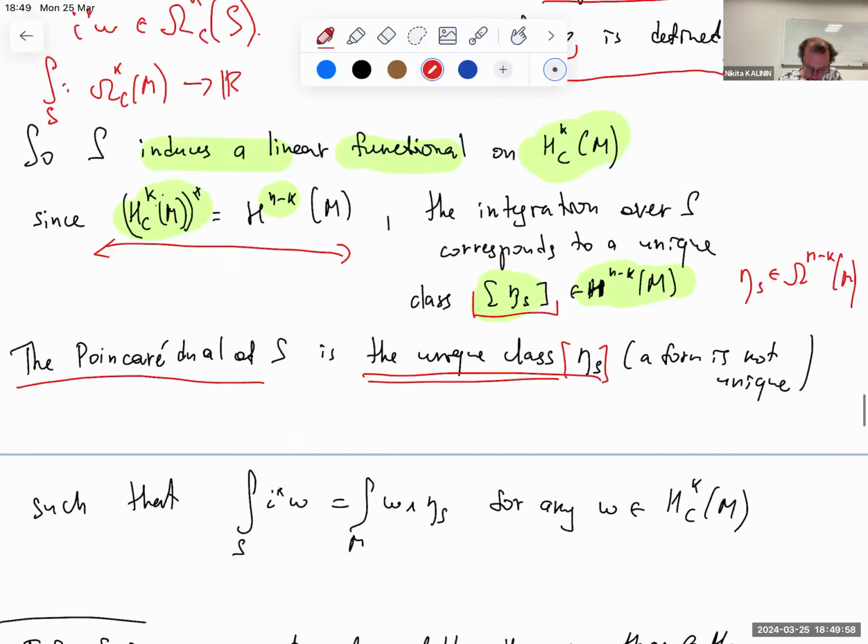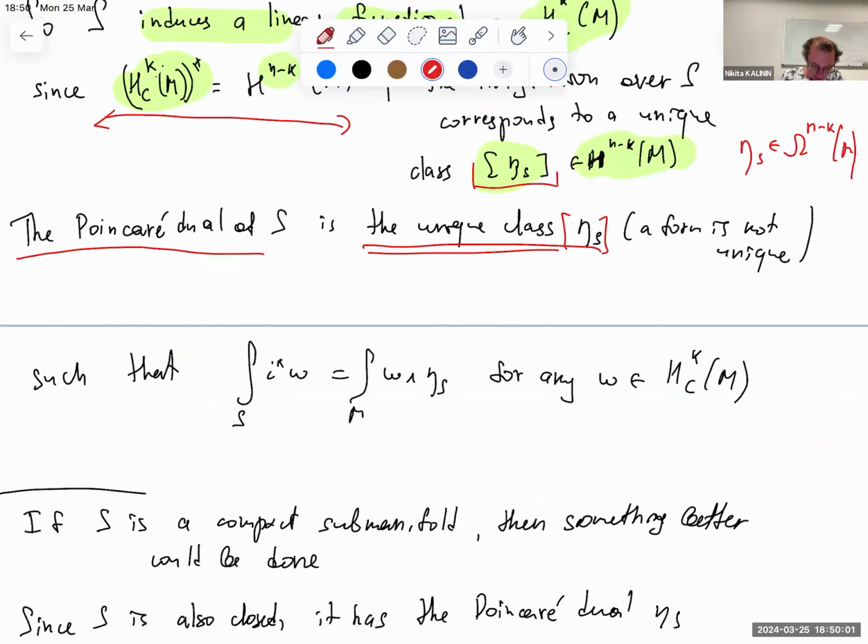Okay. So here is just another definition, if you wish, or just a property. If you've chosen such a form eta S in this class, you can choose any form. Then you have the property that the integral of omega wedge eta S, where omega is from k-cohomology, is equal to the integral of the pullback of omega over S. That's an equivalent definition.